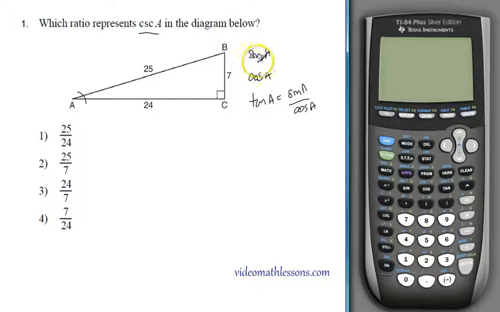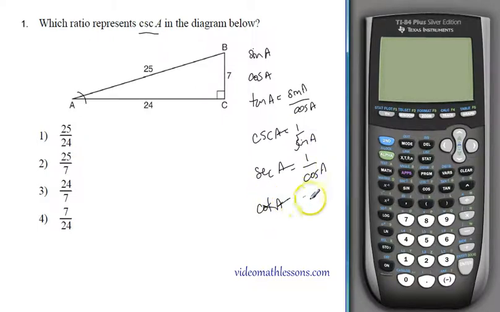Now we have reciprocals. The reciprocal of sine is cosecant. Cosecant equals 1 over sine. Secant is the reciprocal of cosine. And then we have cotangent, which is 1 over tangent.